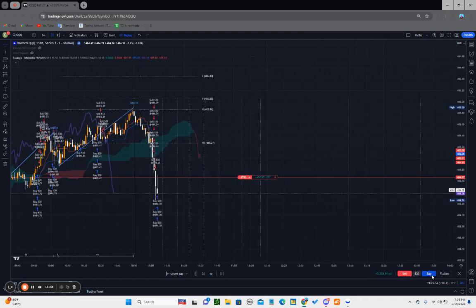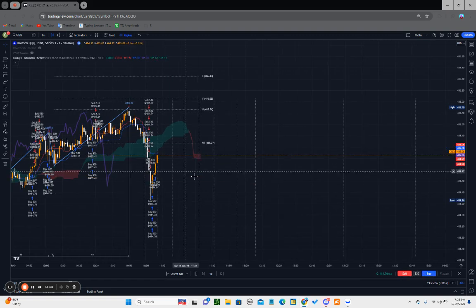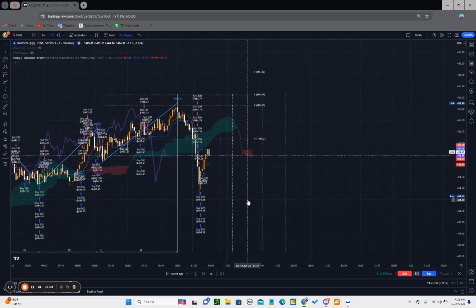There we go. See, perfect entry. And that's a good example. That's a perfect example of what to do with this indicator.